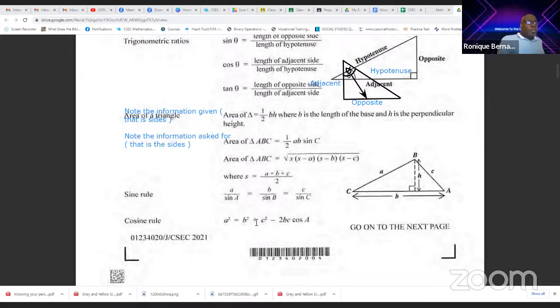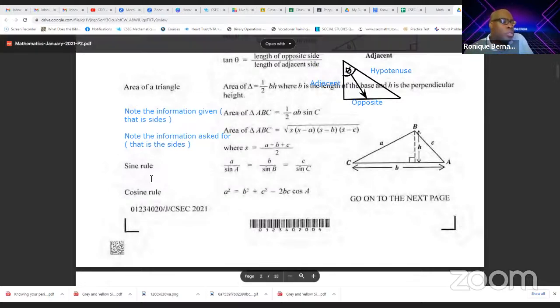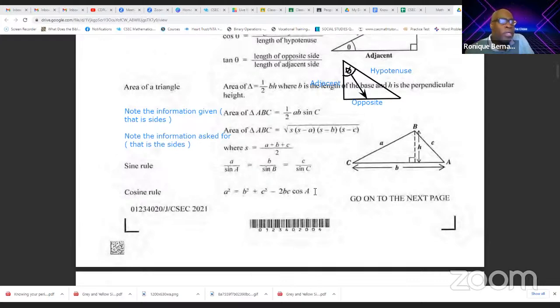The cosine rule, if you notice, has A squared equals B squared plus C squared. And if you notice though, for the length that you're asked to find, you are given the corresponding what? Angle.